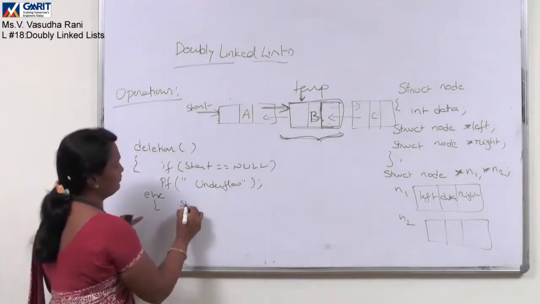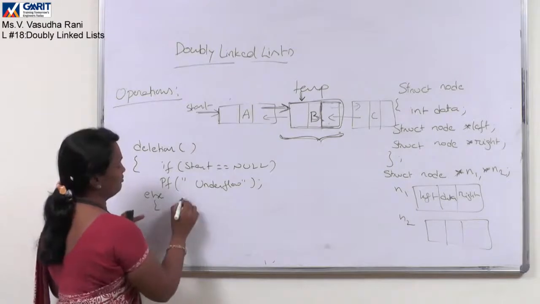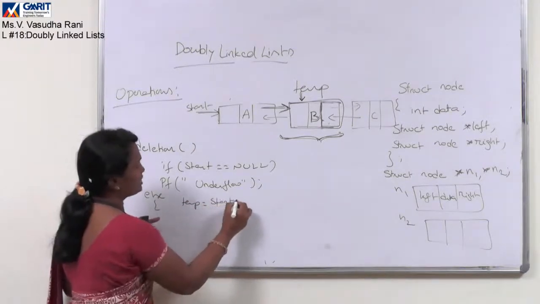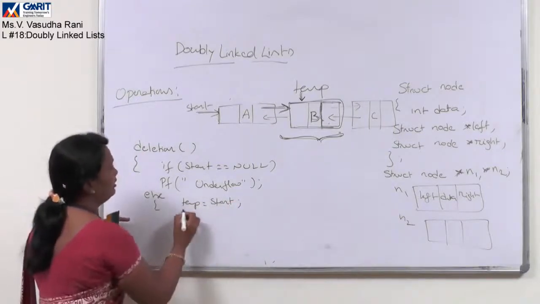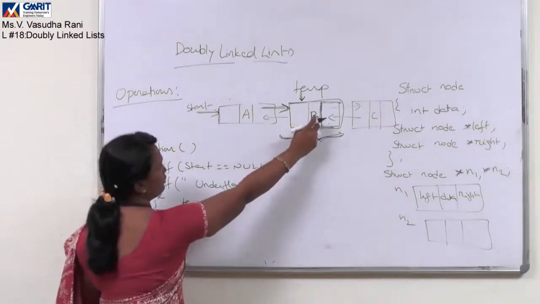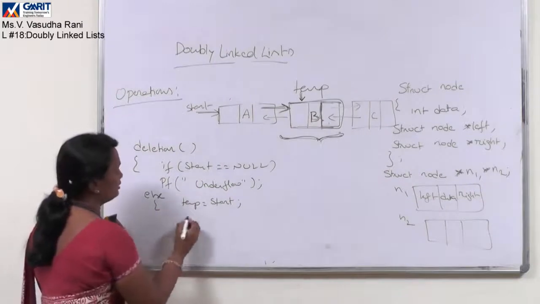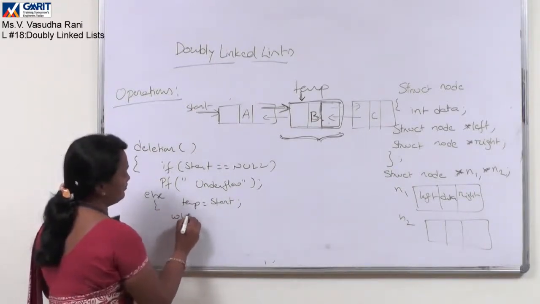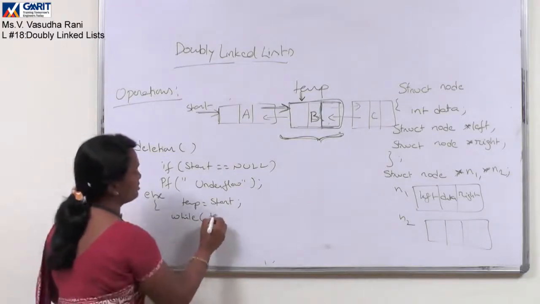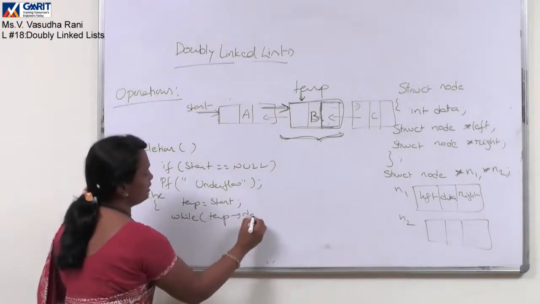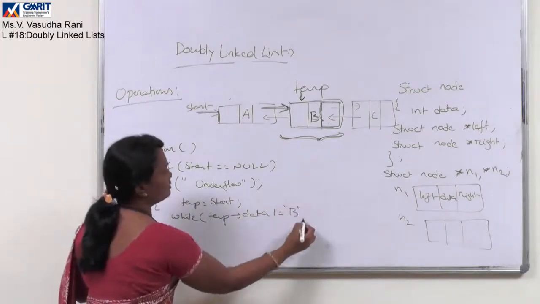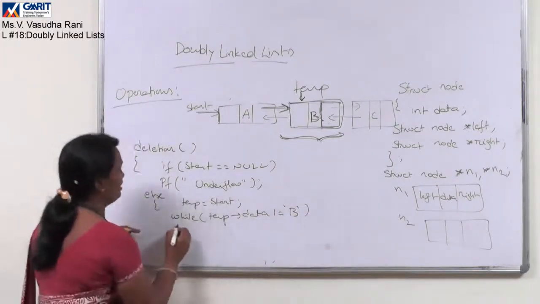For traversing, we can take a temporary node and initialize it with start, and we have to know the data of this node to be deleted. So it is while temp's data is not equal to this B, we have to traverse.